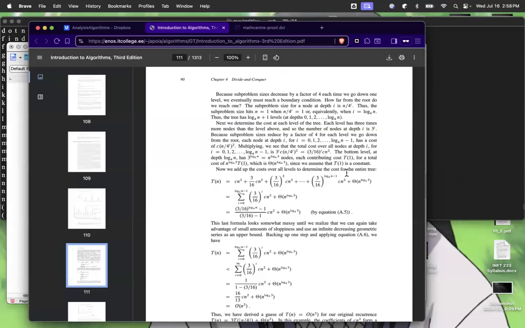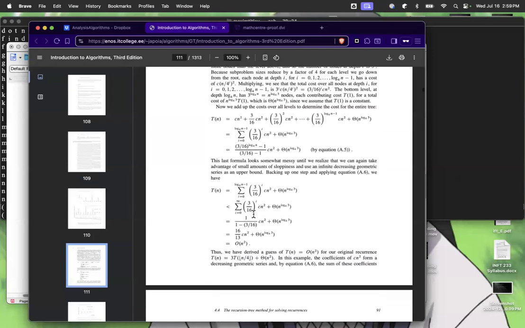Now, if we add the cost up over all levels, you have c n squared plus this term here and the others. And so using the summation of it all, you're going to have this particular outcome.